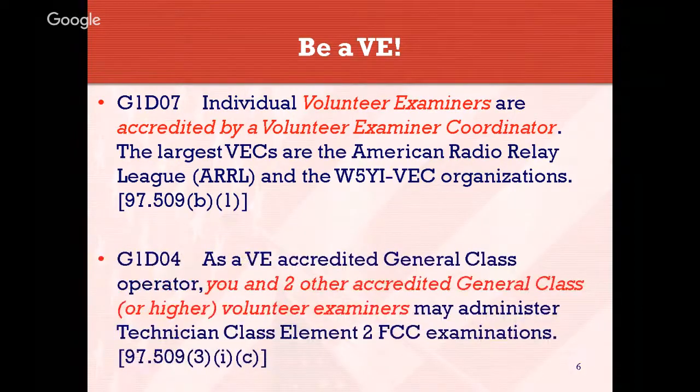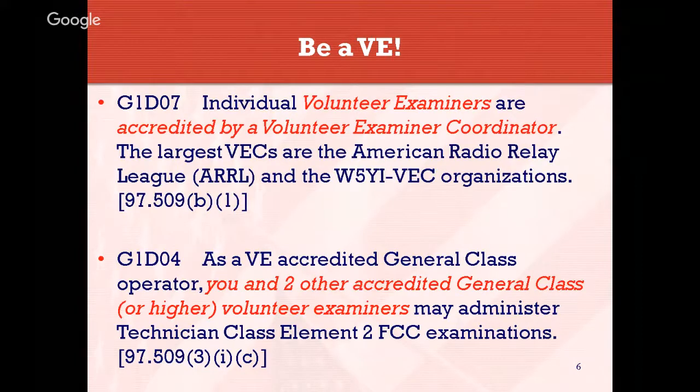As a VE, accredited general class operator, you and 2 other accredited general class or higher volunteer examiners may administer Tech Class Element 2 FCC examinations. Very important to note on this, you may be a general class licensee, and the other 2 examiners may be extra class. You may be the only 3 examiners in the exam session.